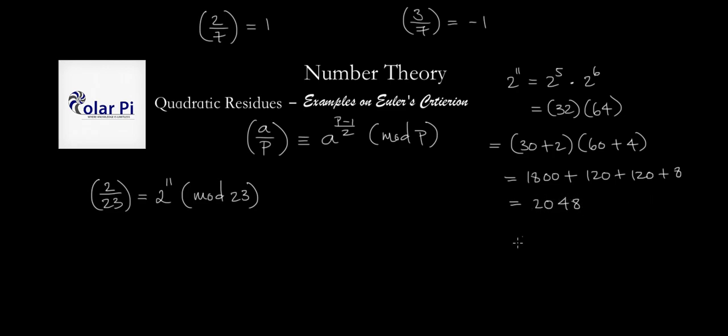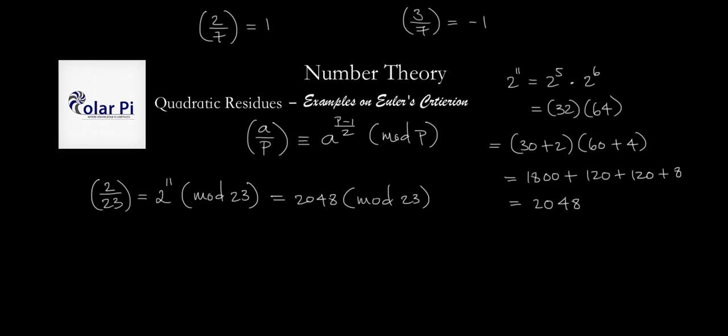So this is equal to 2048 mod 23. Now all you have left to do is reduce mod 23, which amounts to dividing 2048 by 23 and looking at your remainder.